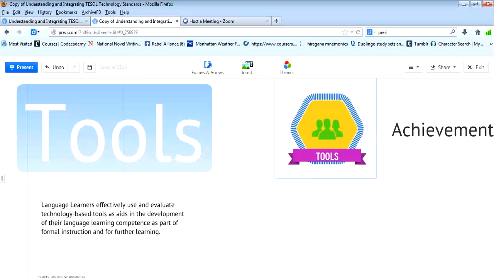And you notice it has the green and the purple like collaboration, but it has the blue and the yellow. My plan is for the other standards to have various mixes of this color. So one of the standards might be blue and green, one might be yellow and purple, so that it all relates, and it's clear that that's all related to this particular achievement.